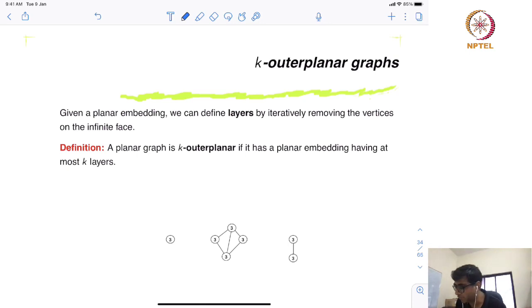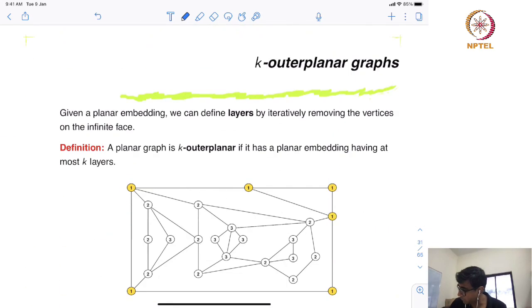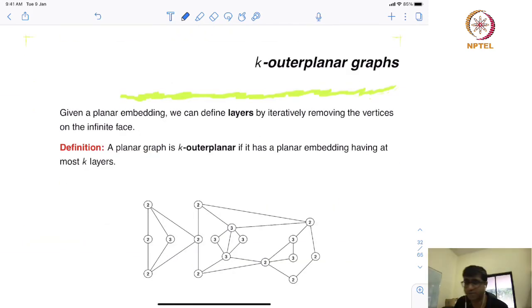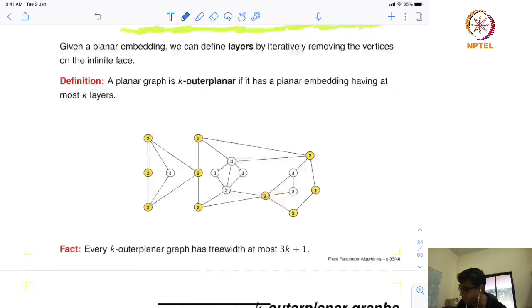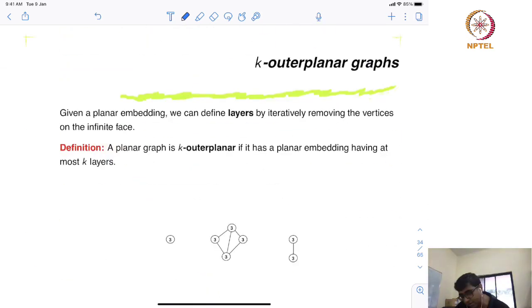So, for example, what we had was a 3 outer planar graph, because we could reach this. You delete all the vertices which are on the outer or infinite layer, and after you delete them you get another set of vertices which are on the outer face, you delete them, and you get another set of vertices on the outer face. The number of times you have to do this is called the outerplanarity of the graph.